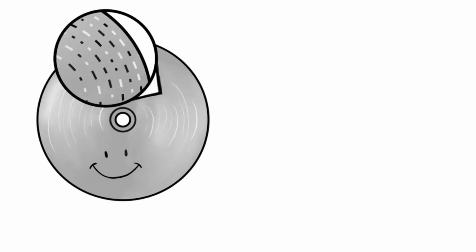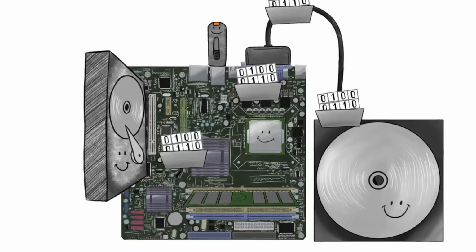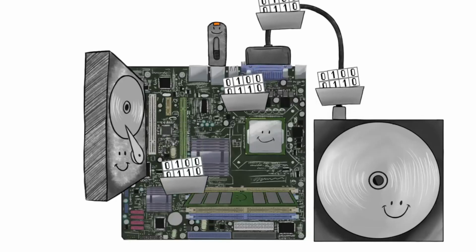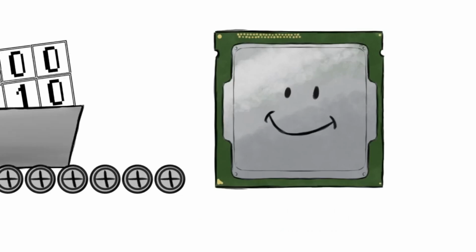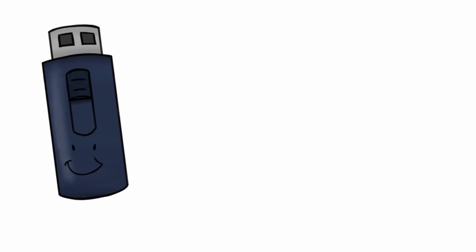Bits are encoded as light and dark spots using a dye that can be read by a laser. While optical storage media are cheap and removable, they have even slower latencies than magnetic storage and lower capacity as well. Finally, the newest and fastest types of long-term storage are solid-state drives, like flash sticks.